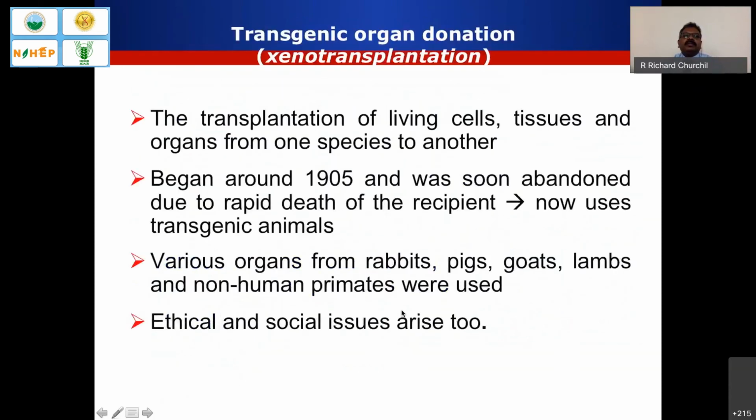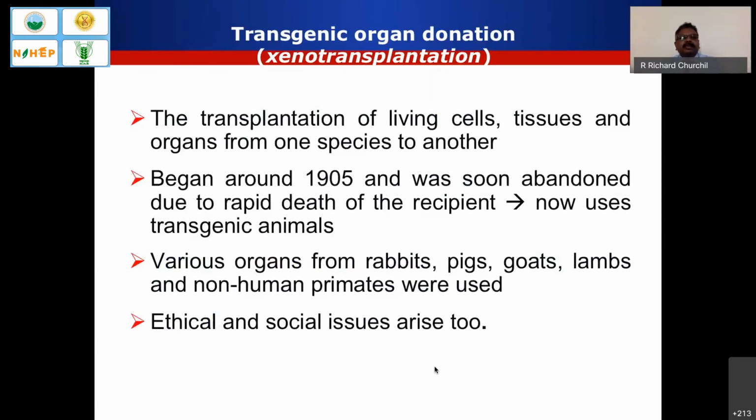Now, xenotransplantation. There is a heavy demand for organs for transplantation, and many patients are dying without organs. One thought is to get organs, like heart valves or some parts of organs, which can be transplanted, from other animals.